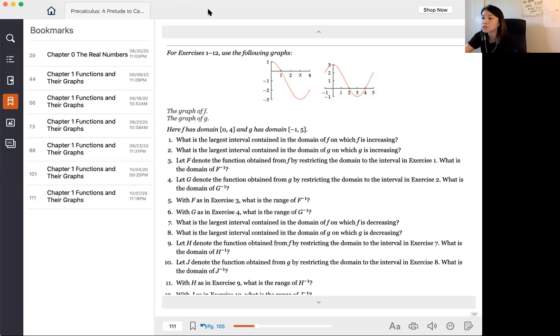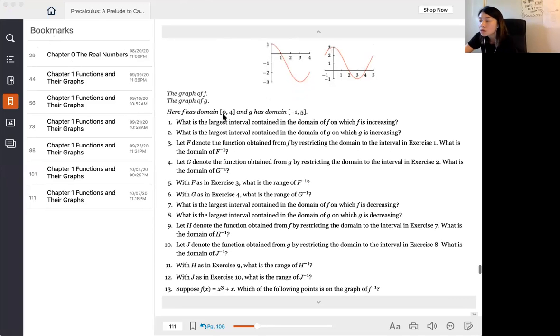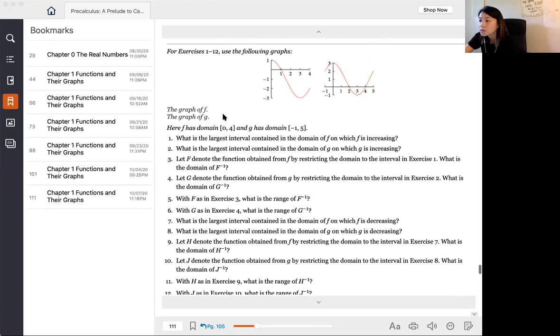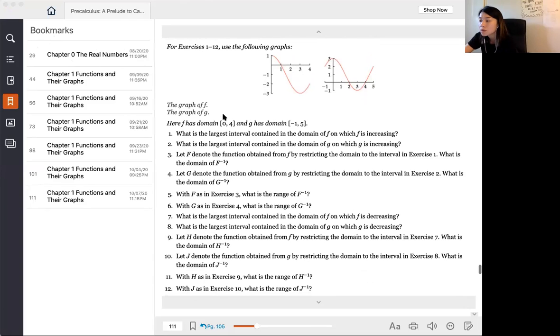Your homework questions are, it's page 111, and then you are doing from, no, hold up. Let me scroll up some more. Doesn't fit. Okay, well, if you want to, just look at your homework.